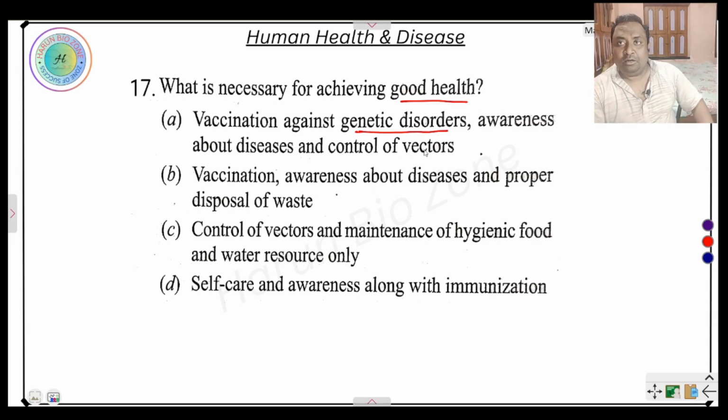Vaccination, awareness about disease, proper disposal of waste, control of vectors and maintenance of hygienic food and water. This one is self care and awareness along with immunization. This one is the correct option.